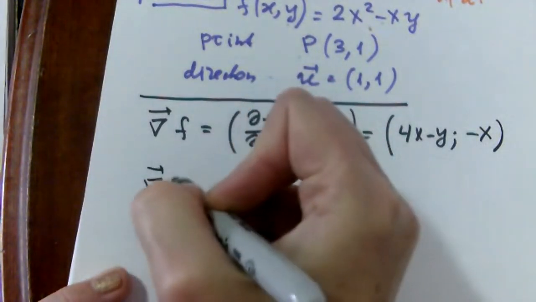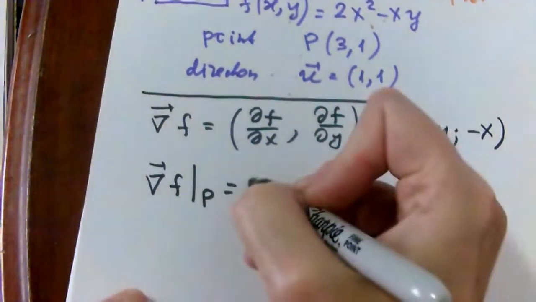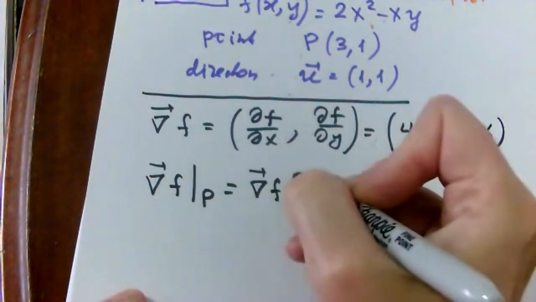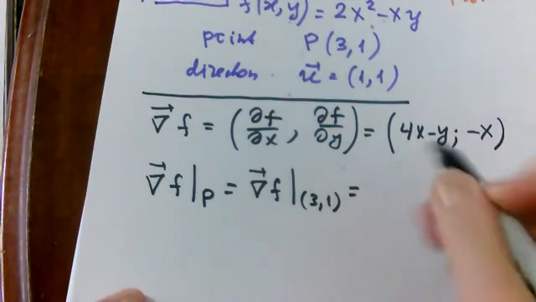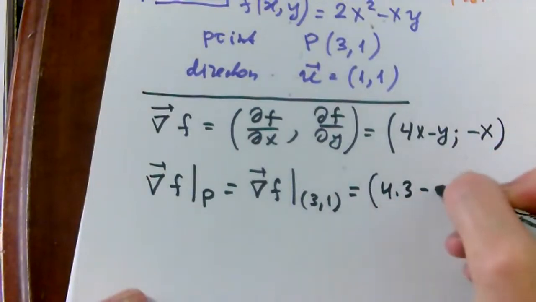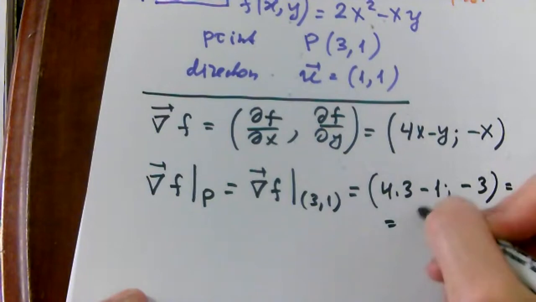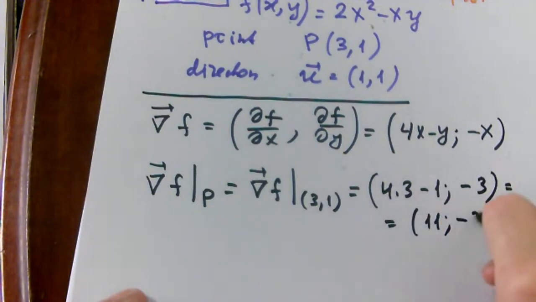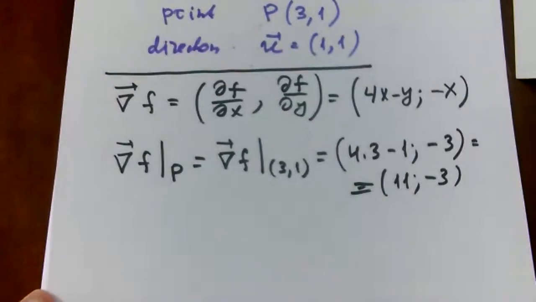Okay, now we need to calculate it at our point P. That means that we need to substitute the coordinates of point P. Let me rewrite them here. Okay, let's substitute. So 4 times 3 minus 1, and this will be minus 3. So finally we get 11, the first component, and minus 3, the second component. Okay, pretty easy so far.